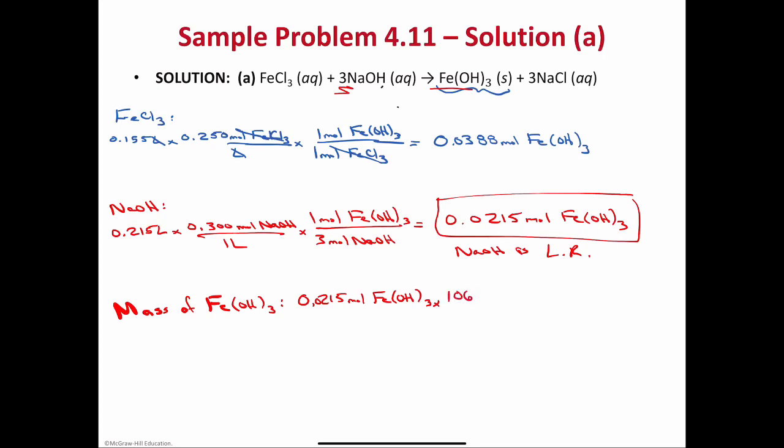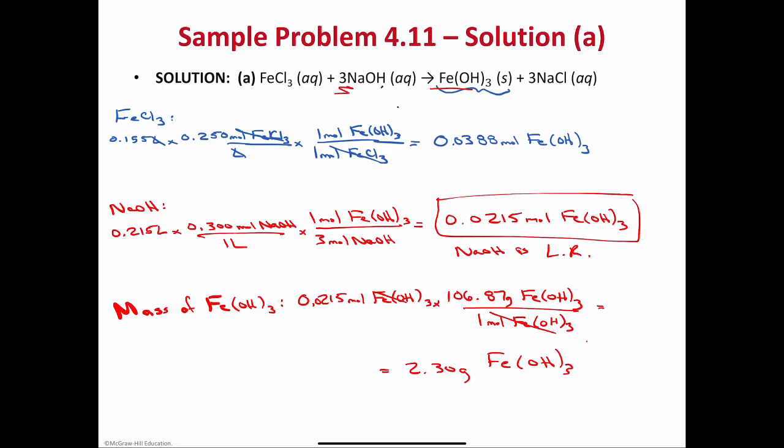I've already gone ahead and done that. It's 106.87 grams of Fe(OH)3 per 1 mole of iron(III) hydroxide. There we go, my units cancel out. Then I write the answer down here, and I end up with 2.30 grams of iron(III) hydroxide. So there you go.